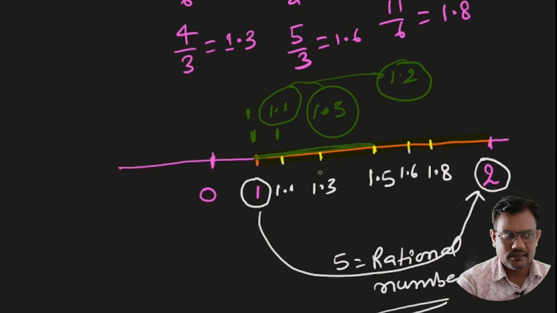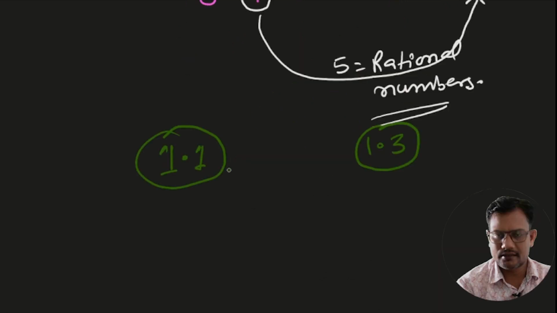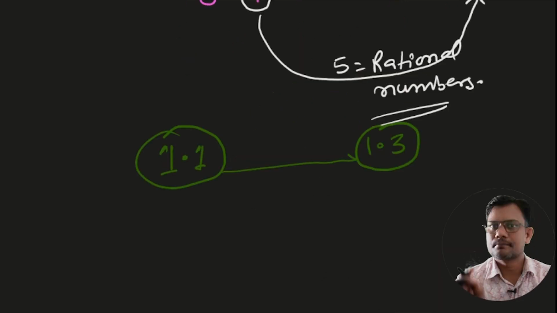Now what we have observed, 1.1 was a rational number between 1 and 2, and 1.3 is also a rational number we had found between 1 and 2, right? But we have a gap between 1.1 and 1.3.